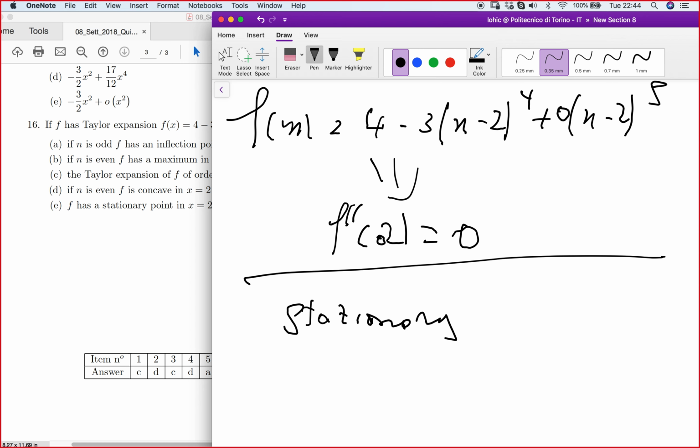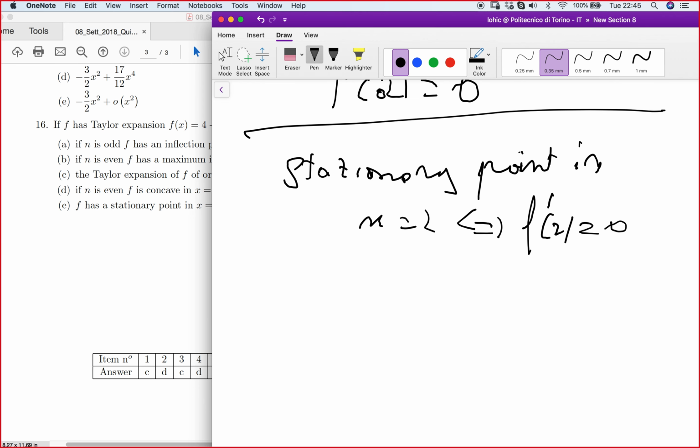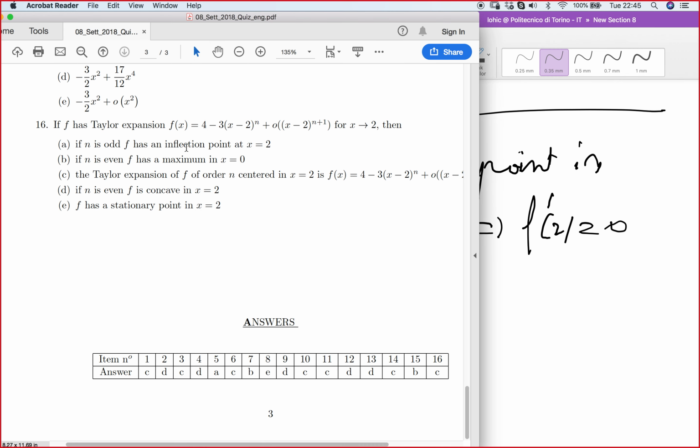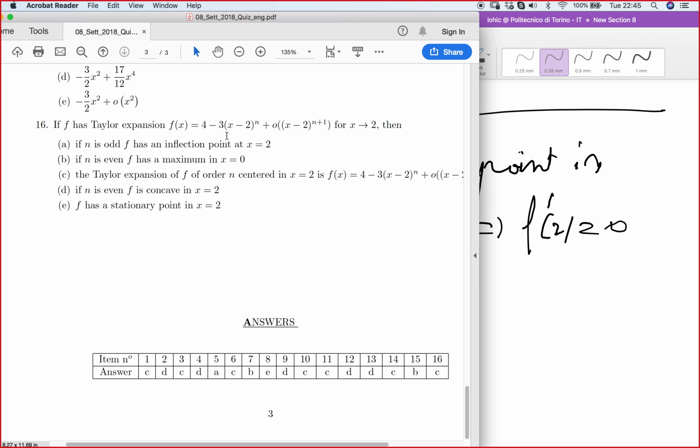Stationary point in x equal to 2 means that the first derivative at 2 is equal to 0, right? But are we sure that for whatever is the value of n, the first derivative, excuse me, is equal to 0?